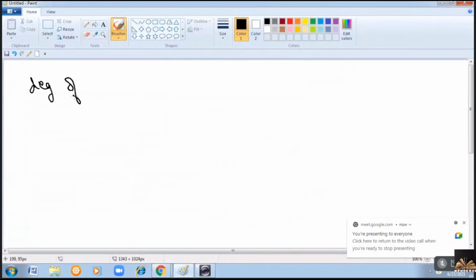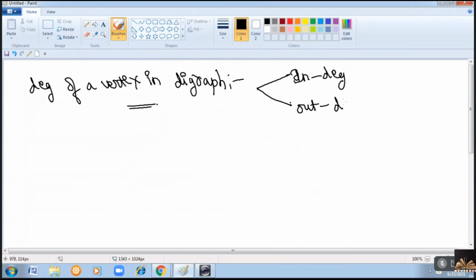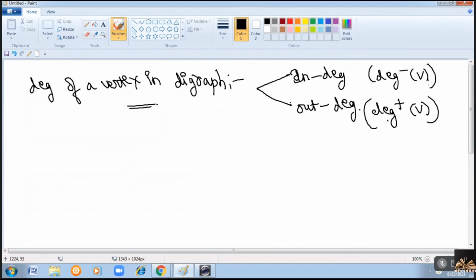Degree of a vertex in a digraph, that is a directed graph: in an undirected graph we have only 1 degree for every vertex, but in a directed graph, we can have in degree and out degree. In degree of V is represented like this, out degree of V is represented like this, as degree plus of the vertex.